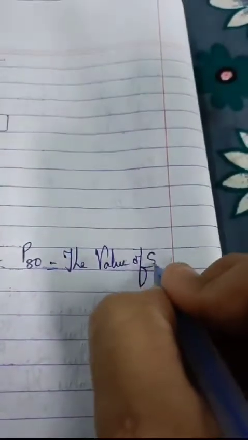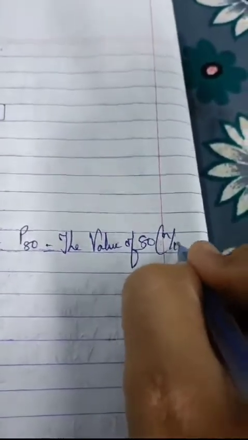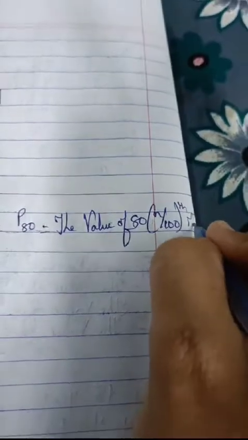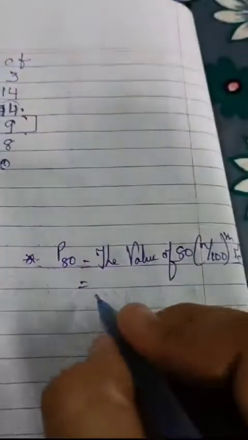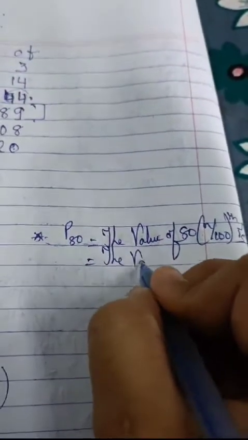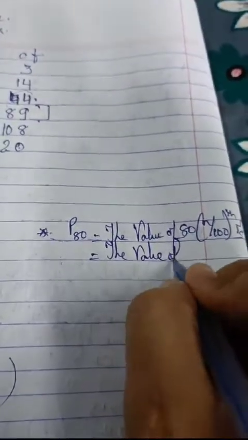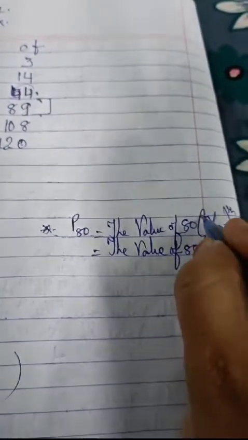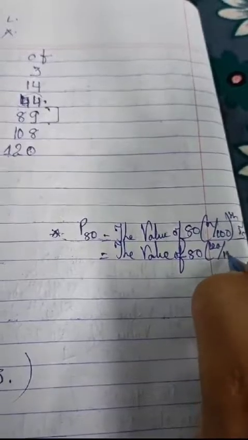So here the value of 80 into n divided by 100, percentage means 100. Now the next will be what? The value of n is what? 120 divided by 100.